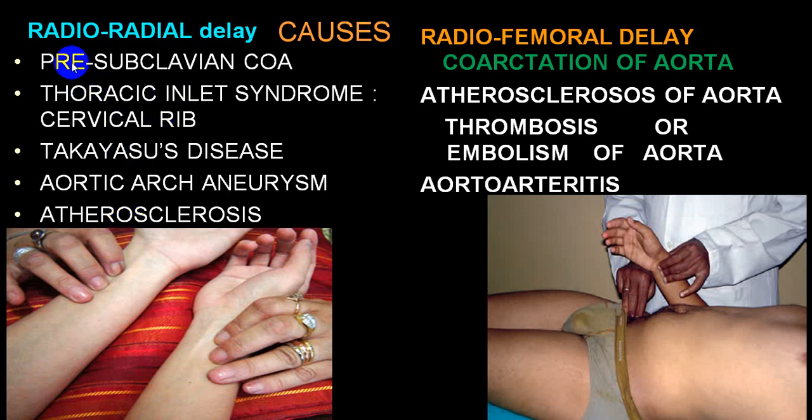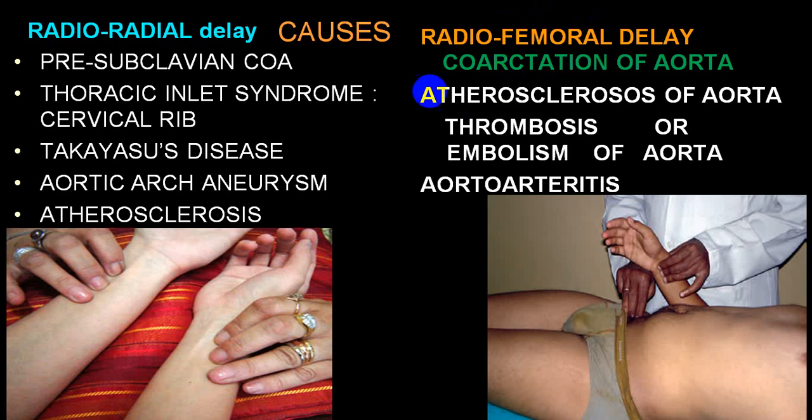Radial delay is a classical finding in case of coarctation of aorta, and particularly if you have coarctation between the two subclavians in the arch of aorta. While radiofemoral delay can be in a coarctation of aorta, whether the coarctation is between the two subclavians or after the left subclavian, radiofemoral delay will be present in both conditions.